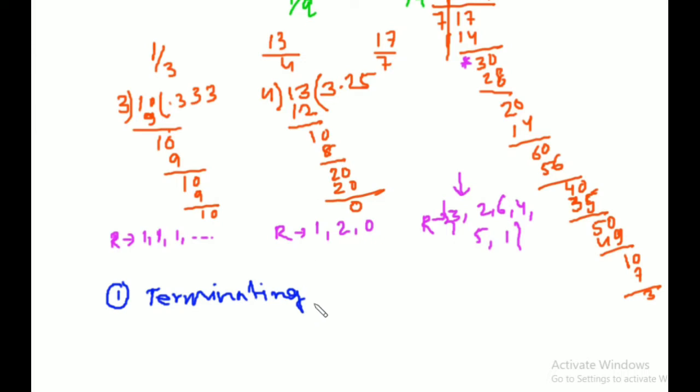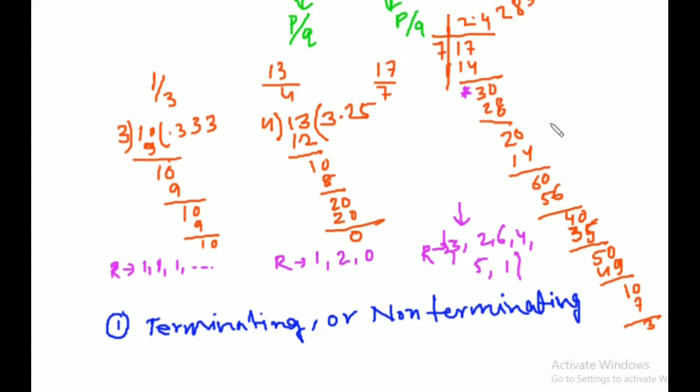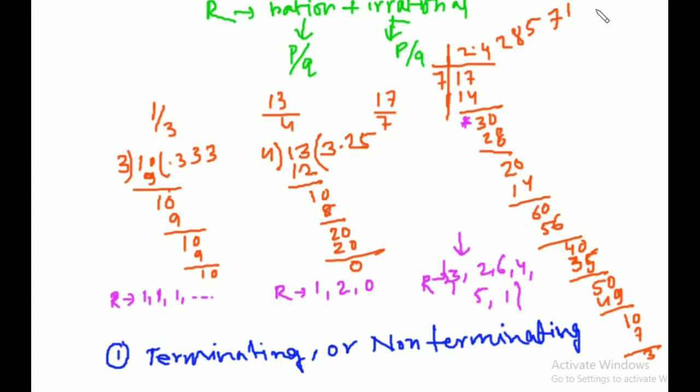Or this expansion is non-terminating, but what you see is that it is recurring, meaning the remainders start to repeat. In this case also it was non-terminating. That means if we want, we can keep doing it forever, it will not end.